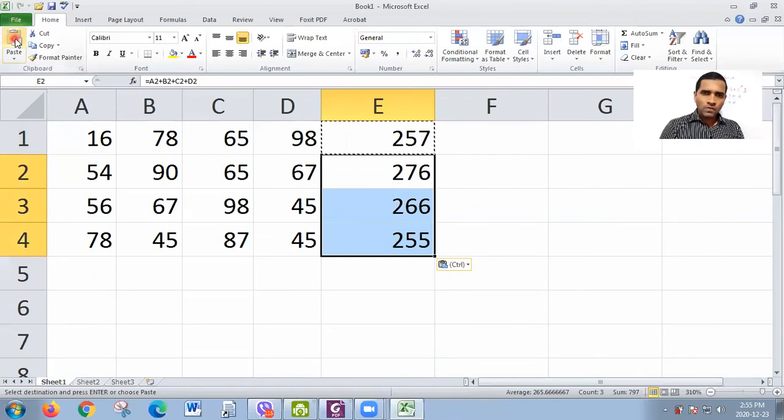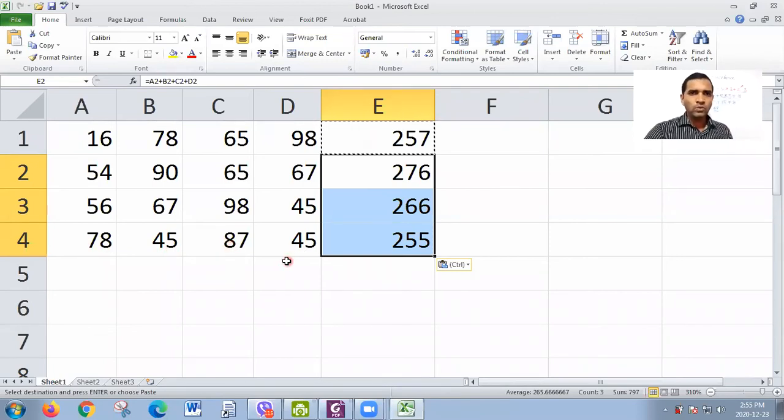Right? So you can even check whether your answers are correct or not. Have a look at this E4. In E4, you got 255. To get this 255, you have to type equal A4 plus B4 plus C4 plus D4.